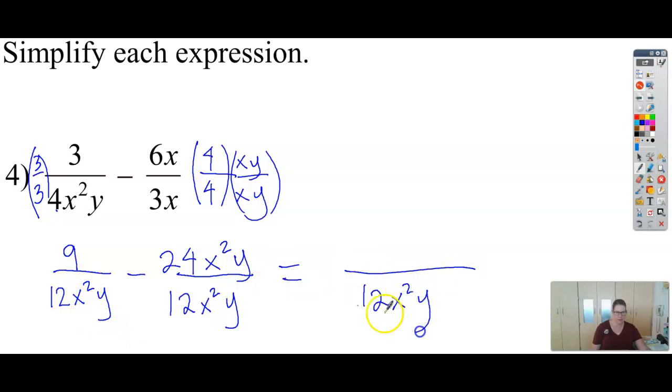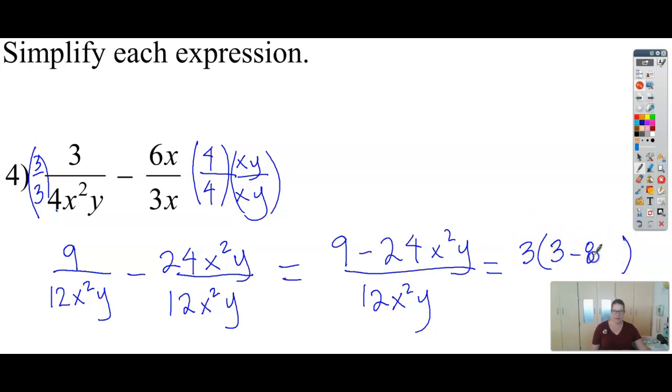Okay, now that I have common factors, I'm just looking to combine this into one problem. So I'm going to have 9 minus 24x squared y. And then I'm going to look for common factors. So 9 and 24 have a common factor of 3, so I'm going to pull the 3 out front. That's going to give me 3 minus 8, 24 divided by 3, yes, that's right, is 8, x squared y.